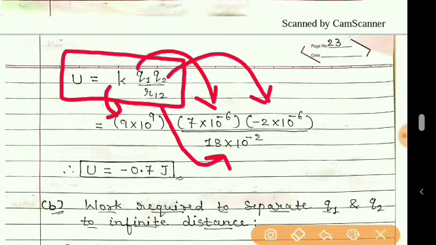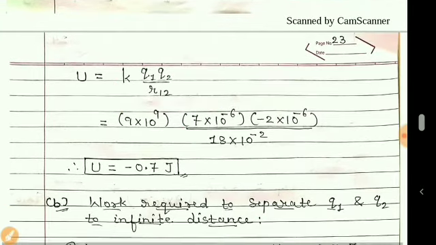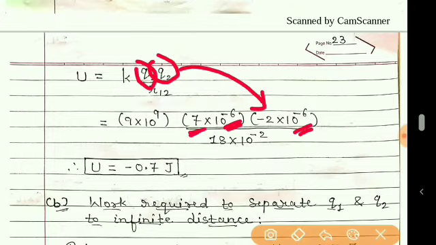Now students, the value of Q1 is given as 7 microcoulomb. So I have written here 7, and micro means 10 raised to minus 6. Similarly for charge Q2, the value given was minus 2 microcoulomb. So minus 2, and for micro we have written 10 raised to minus 6.